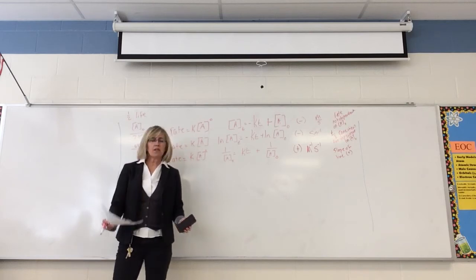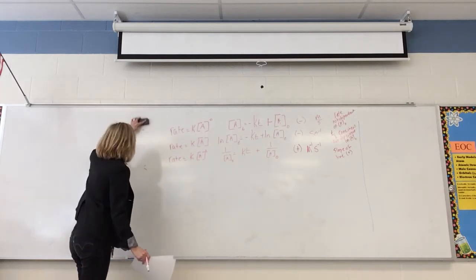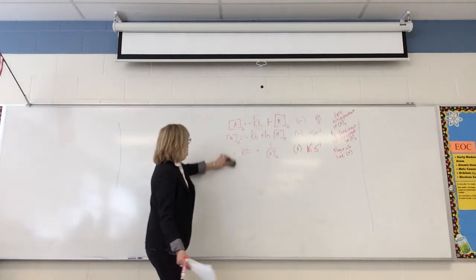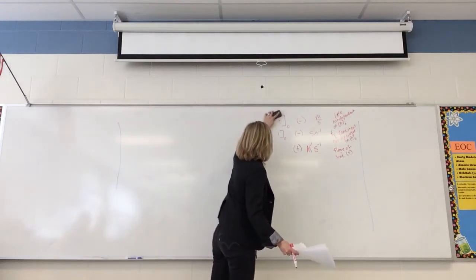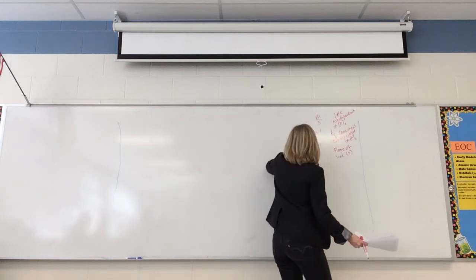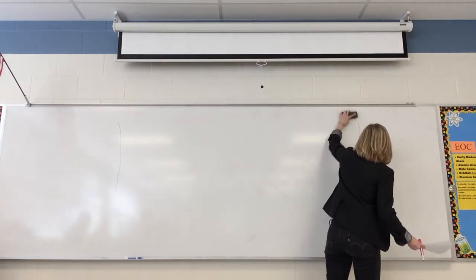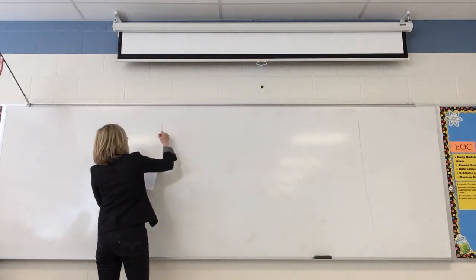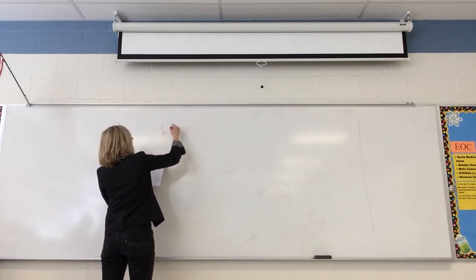Right there I show in your notes the kinetics portion on the reference sheets you have available to you during the whole exam. Under the heading kinetics, notice that it is written a little bit differently.